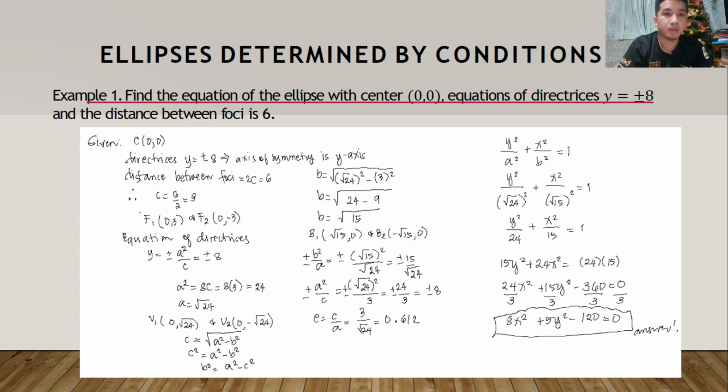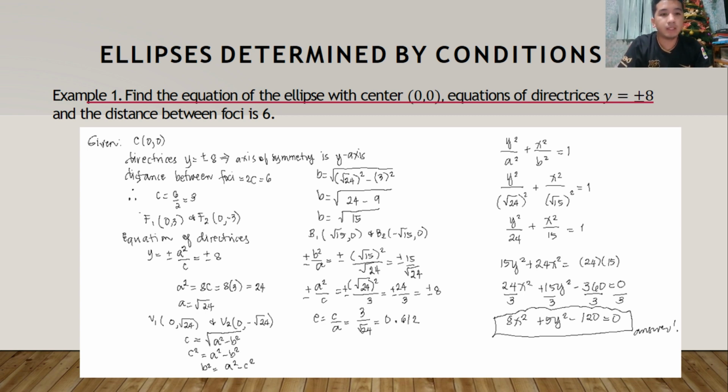Positive negative b squared over a equals positive negative square root of 15 squared over the square root of 24 equals positive negative 15 over the square root of 24.